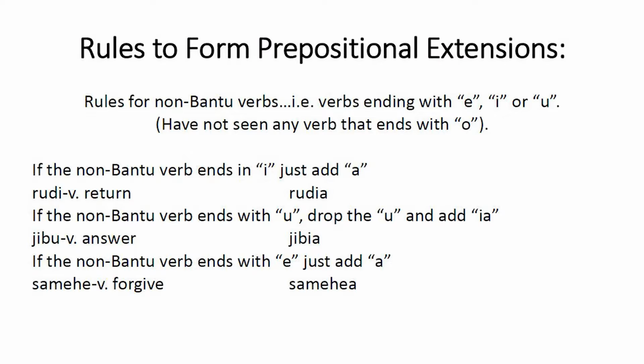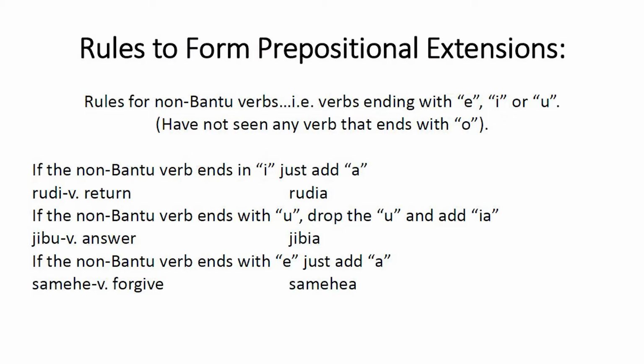So if the non-Bantu verb ends in I, just add an A. So return, which is rudi, turns out to be return for, rudia. All you got to do is add an A. If the non-Bantu verb ends with a U, drop the U and then add IA.